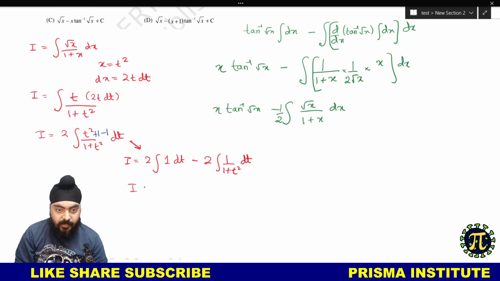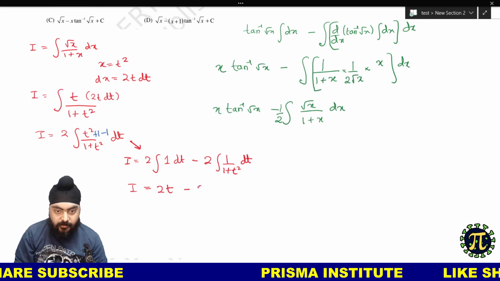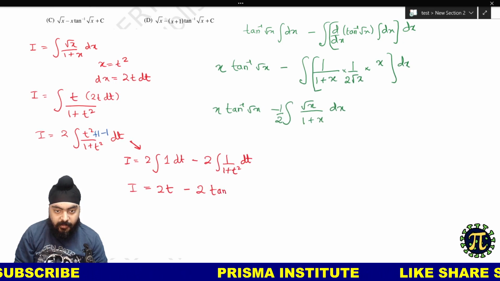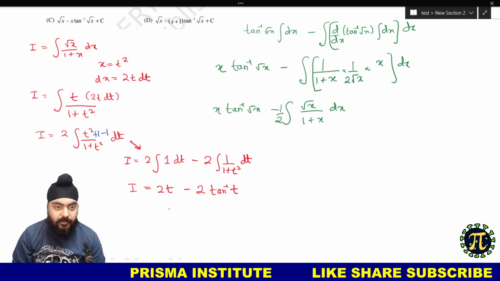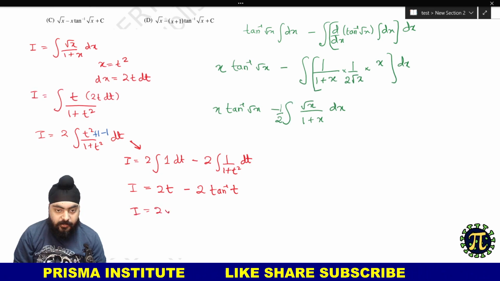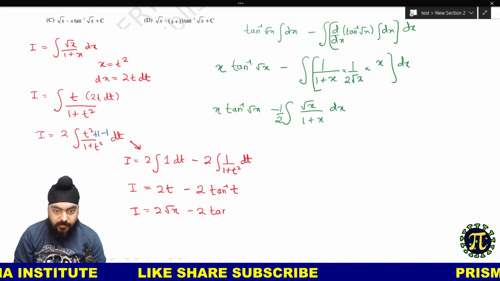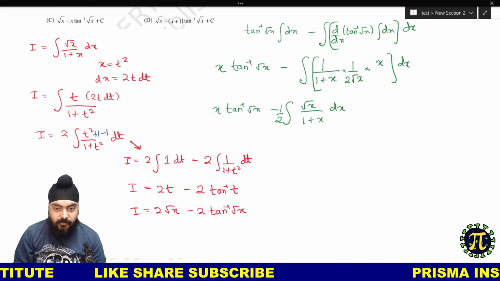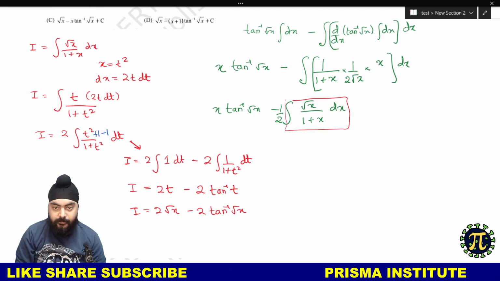So this is I is twice of t minus twice of tan inverse t. Okay, so let's put back the value of t. So t is root x, so I is twice of root x minus twice of tan inverse root x. So let's put the value of I here. Okay.